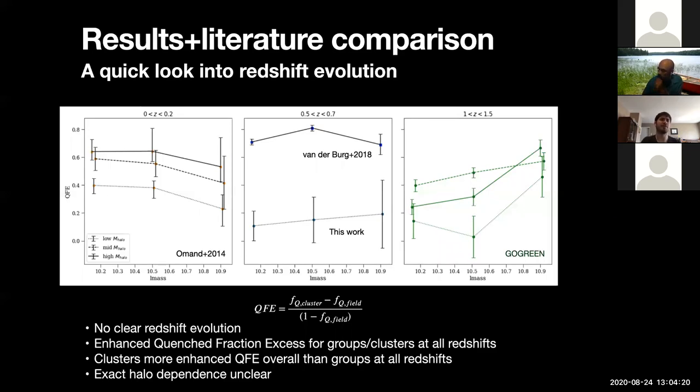There's no clear redshift evolution for a given halo mass bin. But what is evident, at least to me, is that if you look at a given halo mass, the quench fraction excess increases with increasing halo mass, at least overall. But the overall trend is obviously not super clear from these plots.